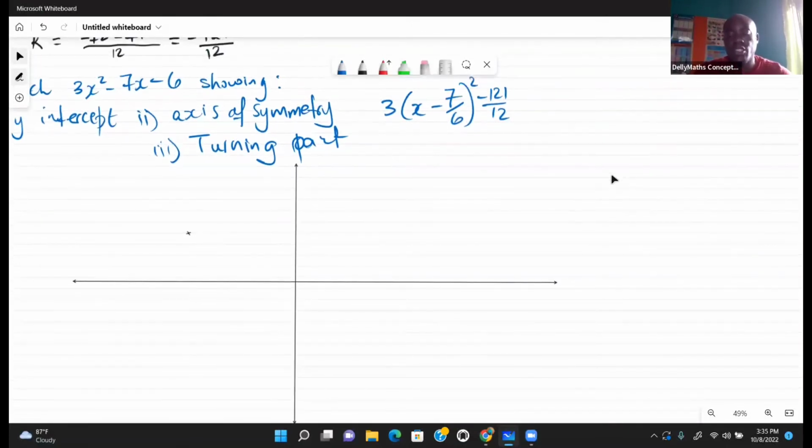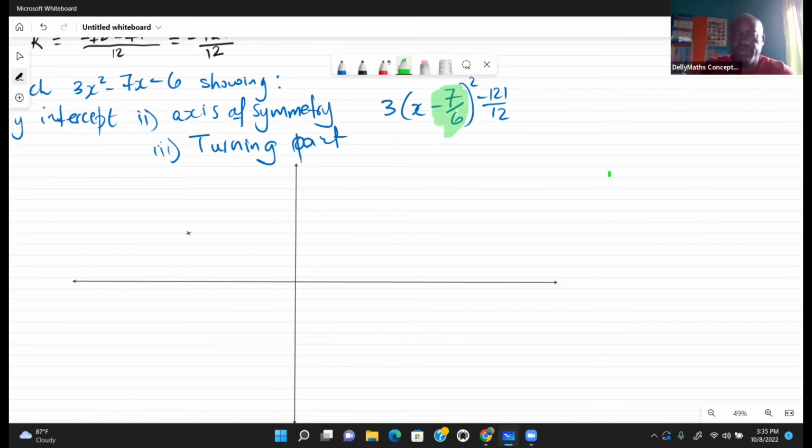Remember, the axis of symmetry is your framework that is going to split the curve into 2 equal pieces. So remember now, you want to take the h. So this is our axis of symmetry right here. It's going to help us. This is not it, but the negative of this. So then the axis of symmetry is positive 7 over 6.